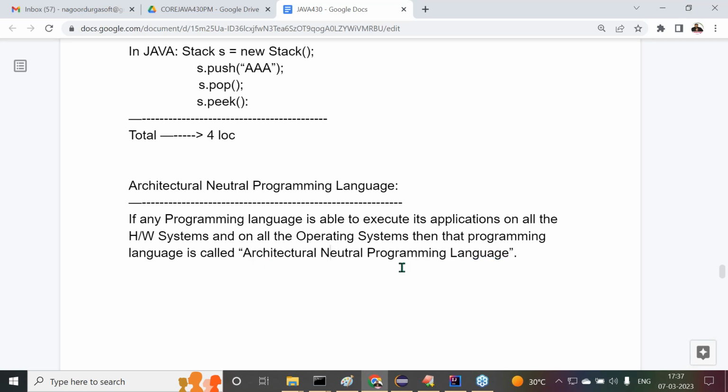Means that Sun Microsystems' intention is that their programming language must execute applications on all the operating systems and all the hardware systems. Because of this reason only, Java is a much portable programming language. Now at present 3 billion devices run Java.